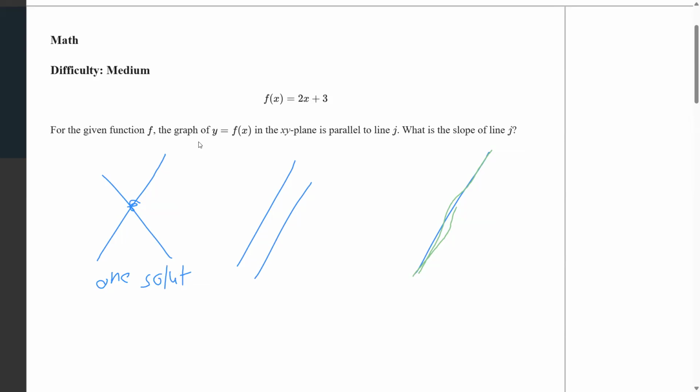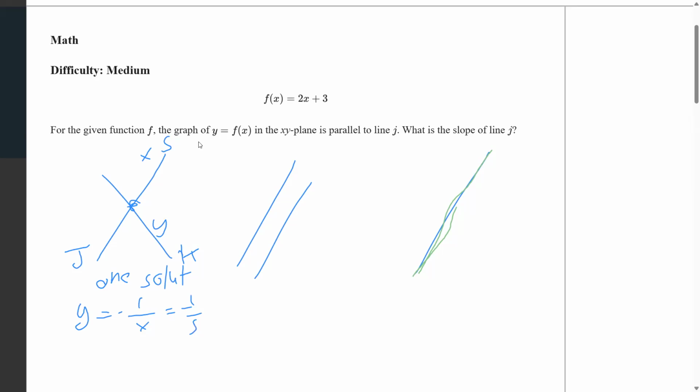If this line is G and it has a slope, let's say x, and this line is K, for example, it has a slope y, then the slope of y will be equal to -1 over x. So if this slope is 5, y will be -1 over 5. This is the first case.